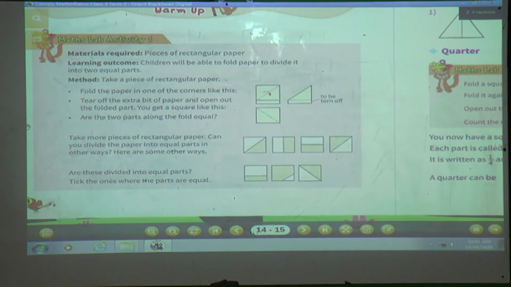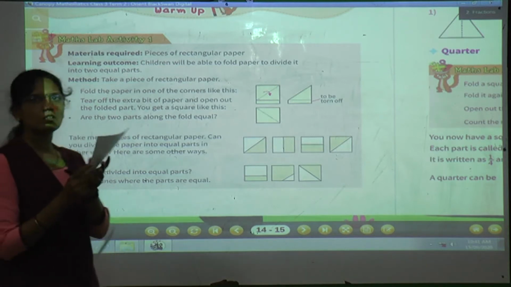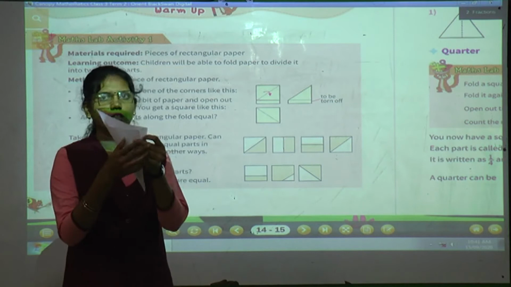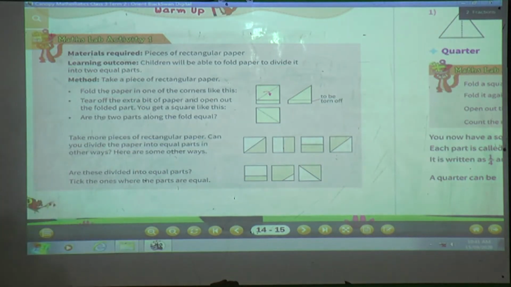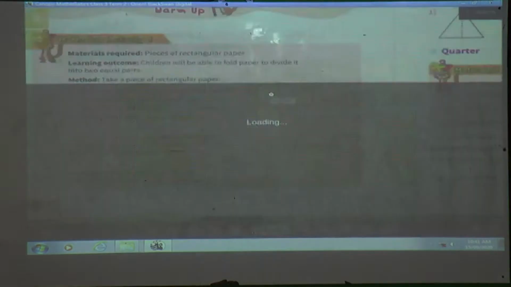Now we'll see. Okay, now see here. After tearing we will get one square paper. Tear off the extra bit of paper and open out the folded part. You get a square like this.